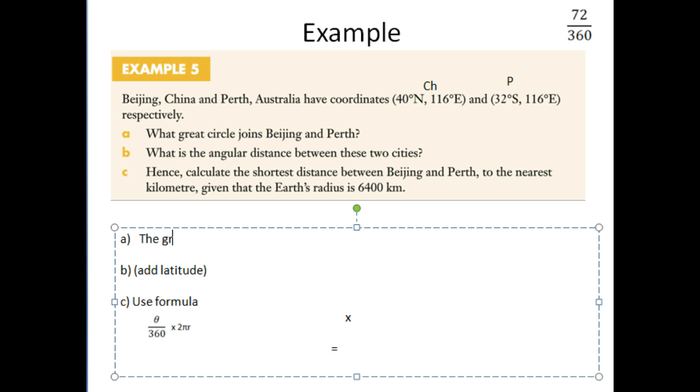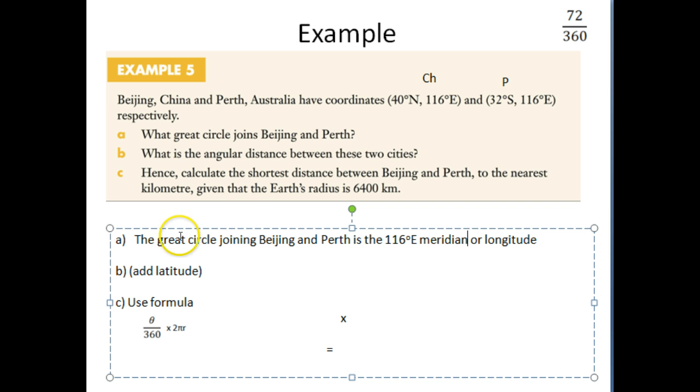So the great circle joining Beijing and Perth is the 116 degrees east meridian of longitude.